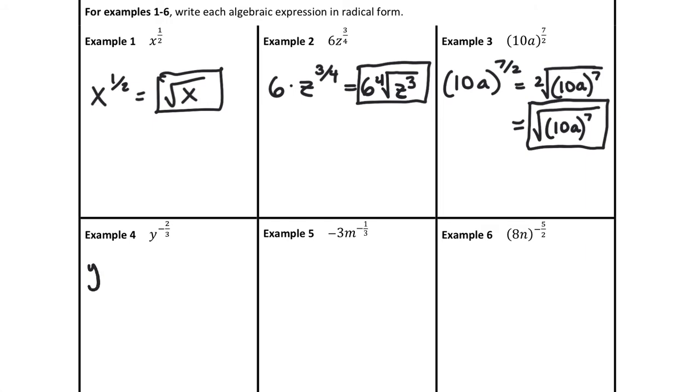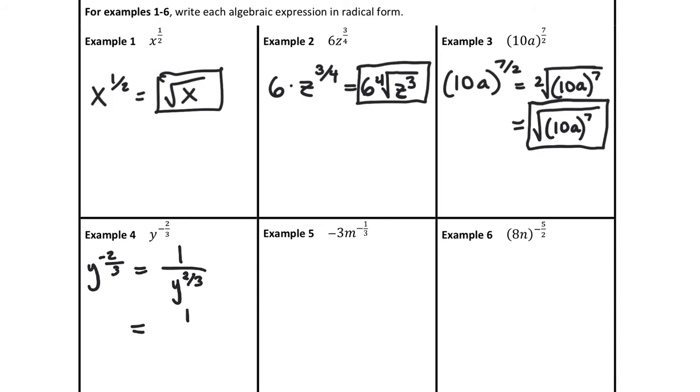Copy it over here. We have y to the negative 2/3. But using the rules from the last notes, we can rewrite this as 1 over y to the positive 2/3. Rewrite that 3 there. Okay. And then we can do one more thing with what we learned today.